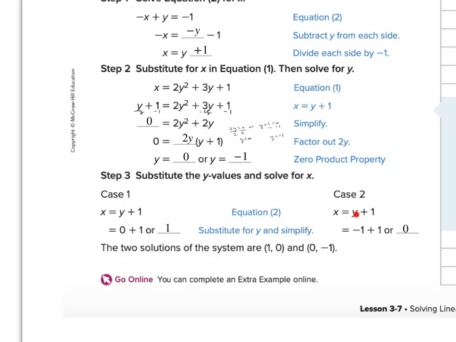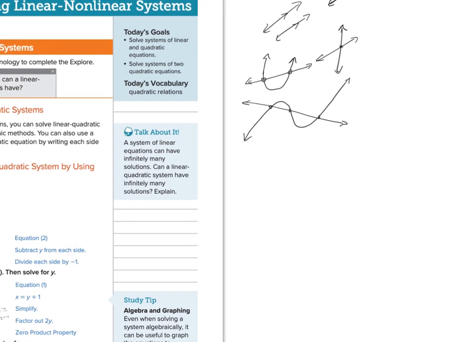Substituting in negative 1, we have negative 1 plus 1 is 0. So x is going to be equal to 0, so I have 0, negative 1. In this example, we have a line crossing over a quadratic equation, and we were able to calculate those two ordered pairs.